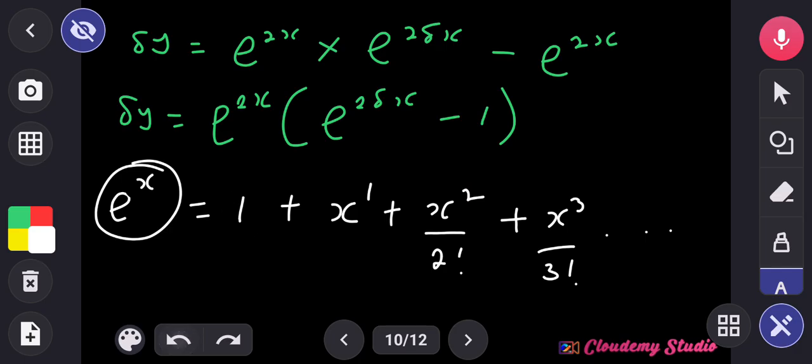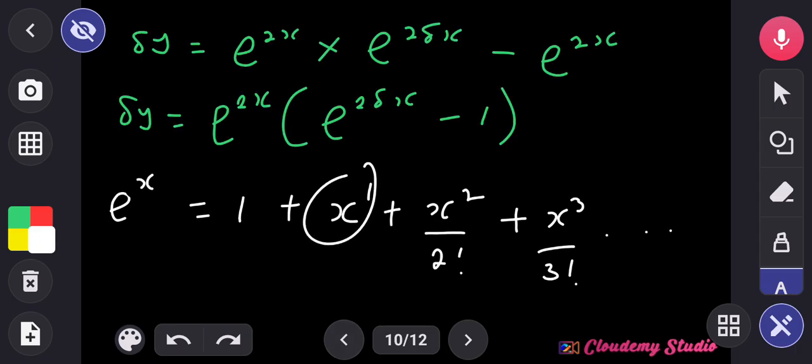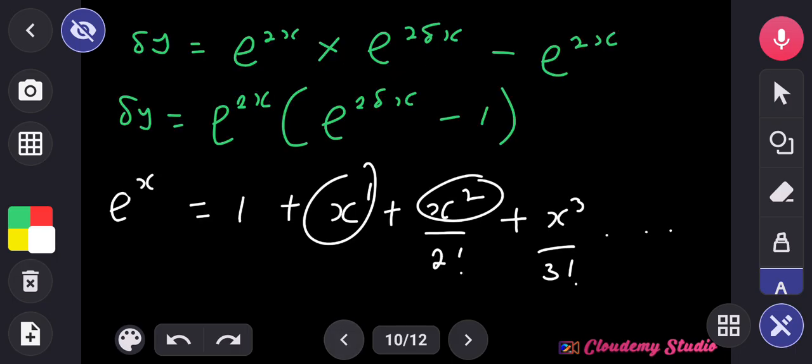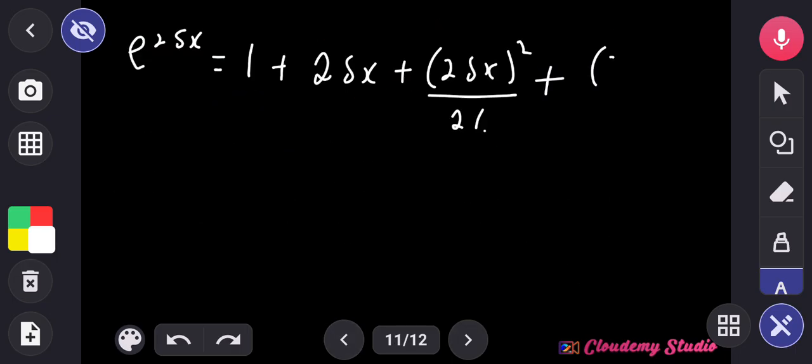So exponential 2x is now going to be 1 plus 2x plus, just like x that is here, plus 2x squared over 2 factorial plus 2x cubed over 3 factorial, and so on till it reaches infinity. It goes like that, you understand?